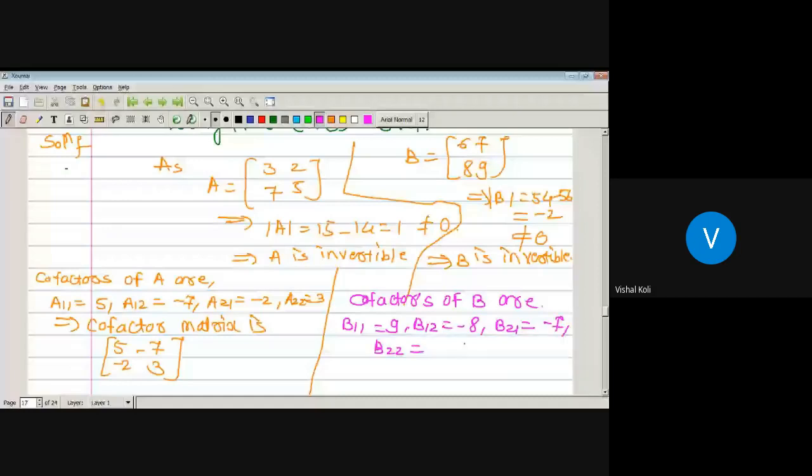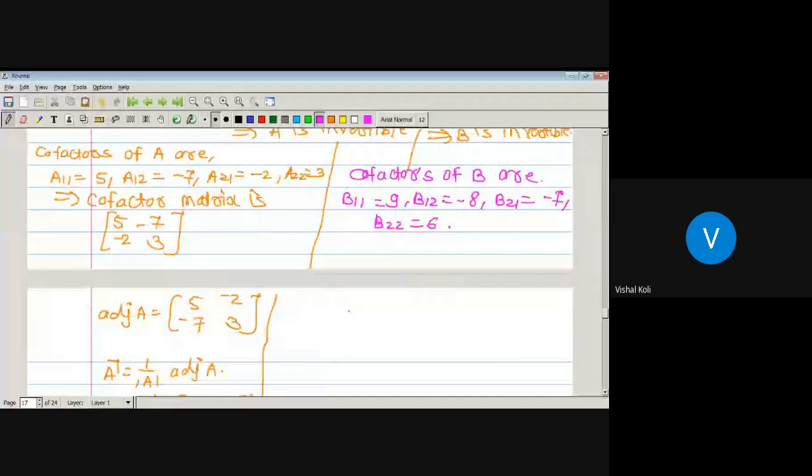So the cofactor matrix is this one, [9 -8; -7 6].